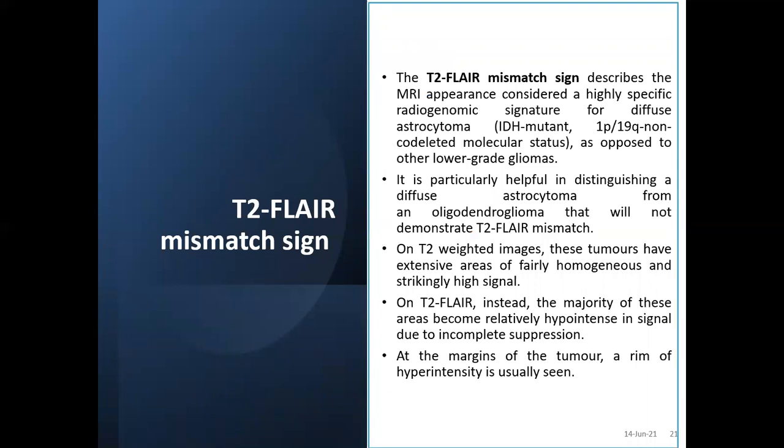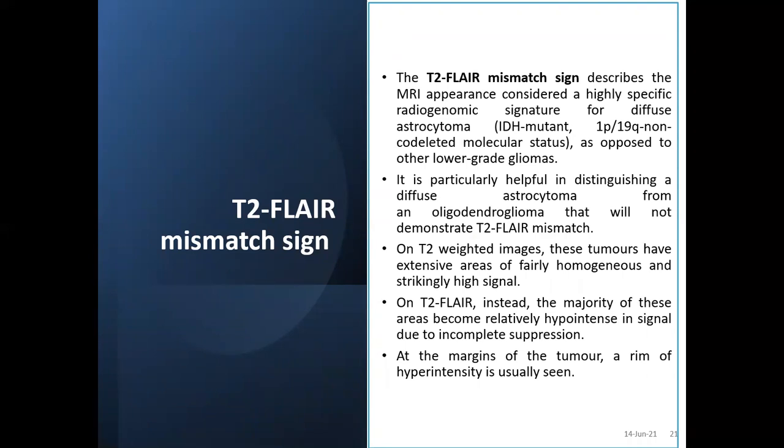Here I want to tell you about the radiogenomics of diffuse astrocytomas. You can see a sign called the T2 FLAIR mismatch sign. In this sign, you compare the T2 image with the T2 FLAIR. There may be a match or a mismatch.